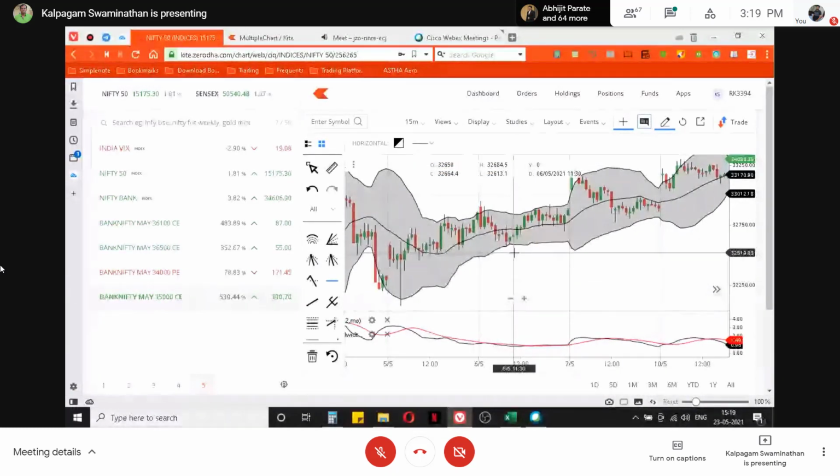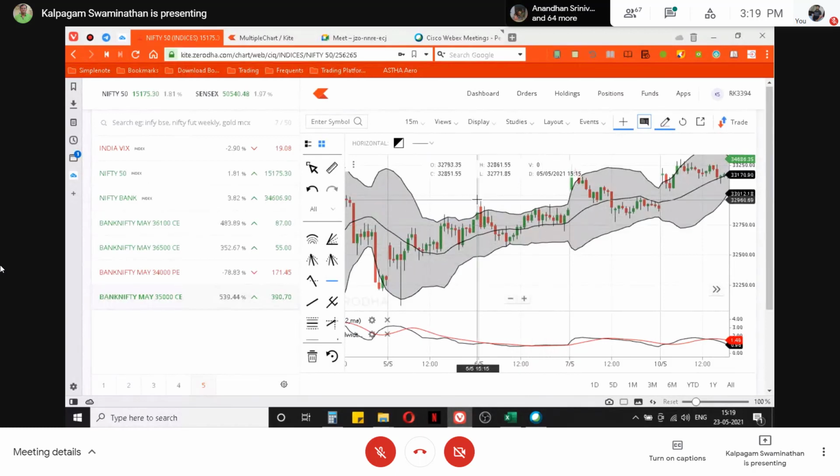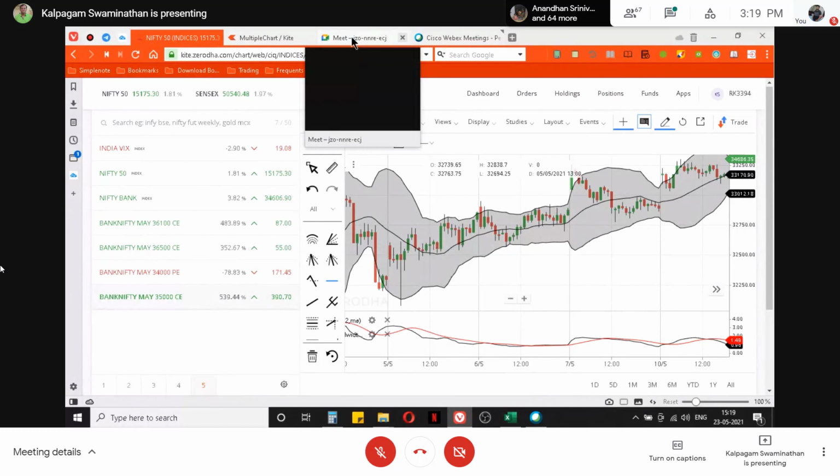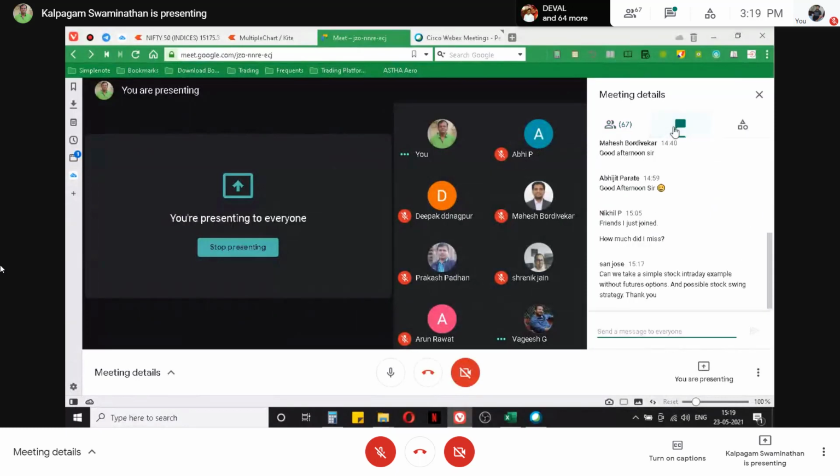Buy at the lower band, wait for the price to hit the upper band and exit. That will be applicable on normal candle, no, sir? Yeah, it will be applicable on normal candle.